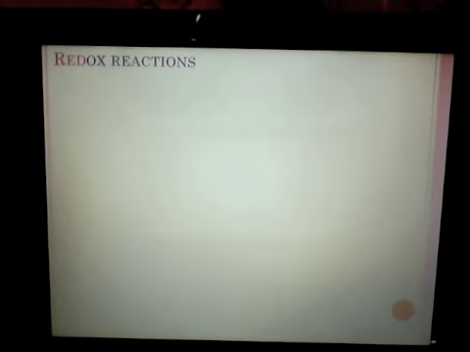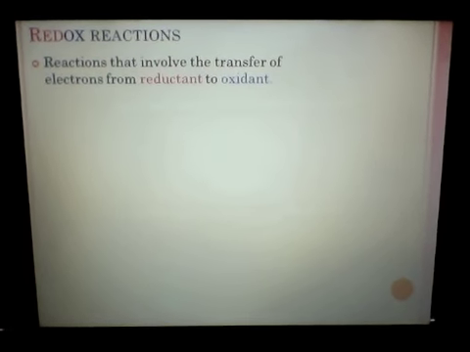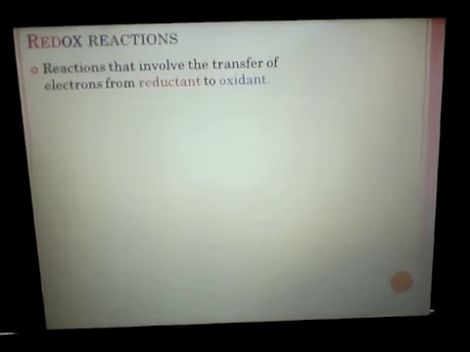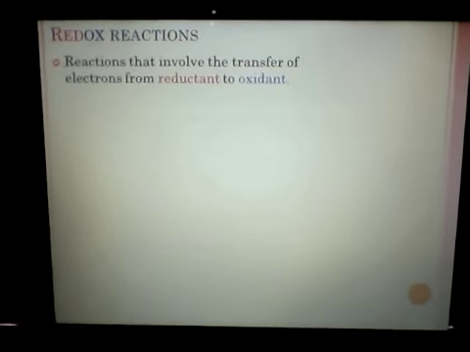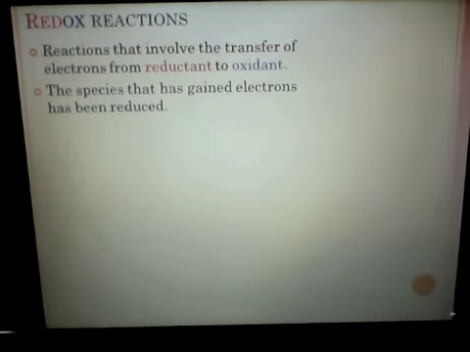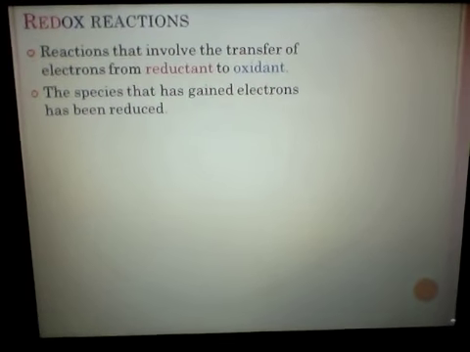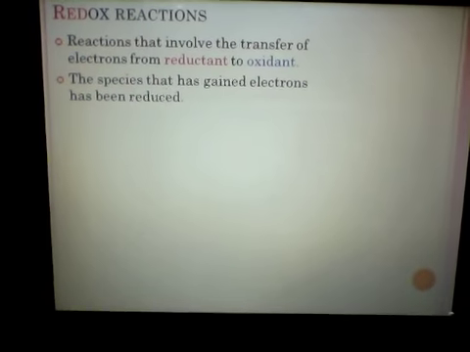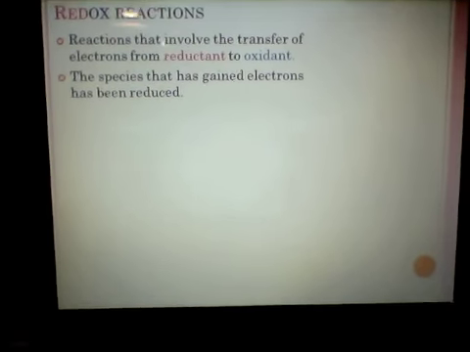Redox reactions. Quick revision of redox. Reactions that involve the transfer of electrons from reductant to oxidant are called redox reactions. The species that has gained electrons has been reduced. Remember, the species that has gained electrons has been reduced in oxidation number.